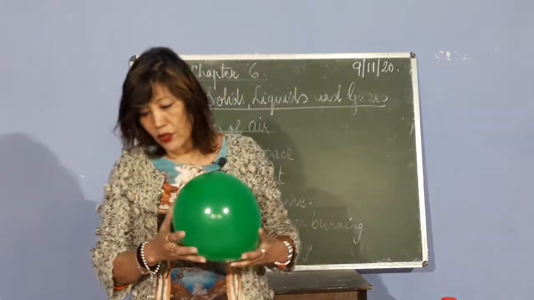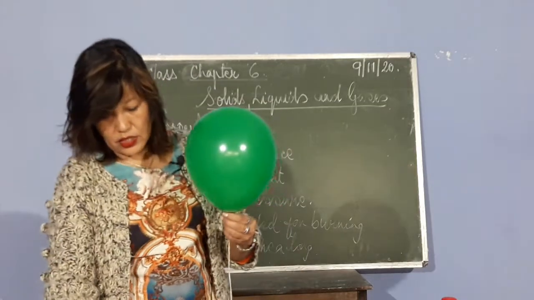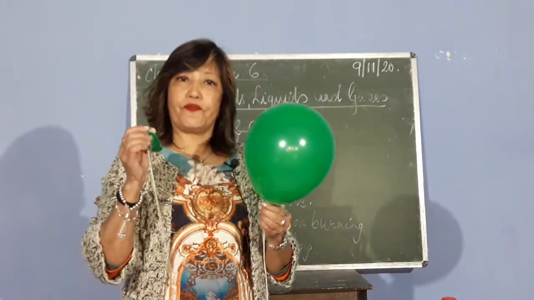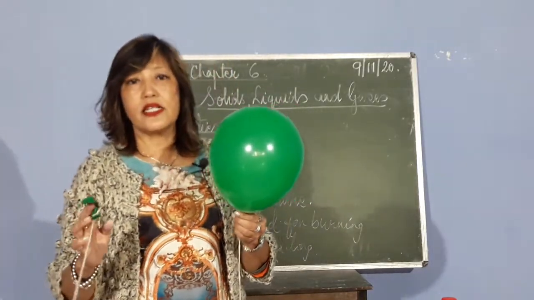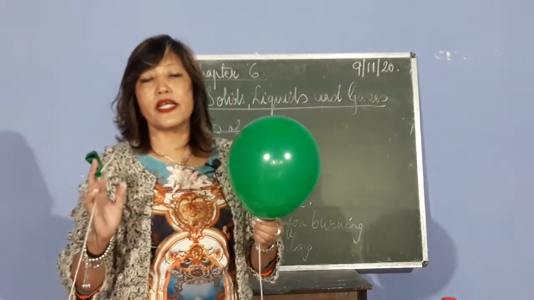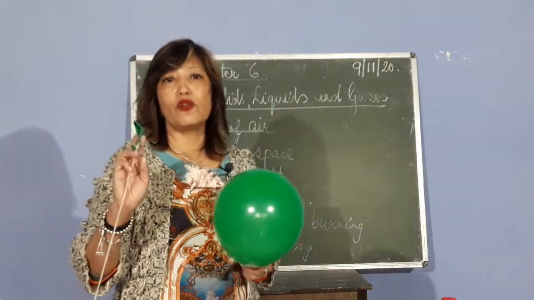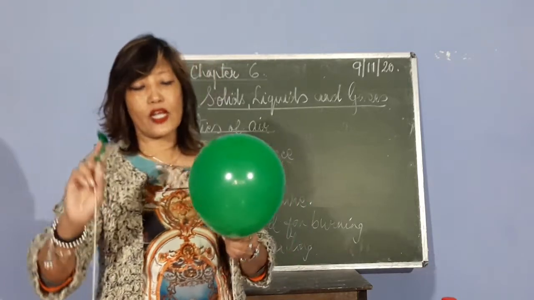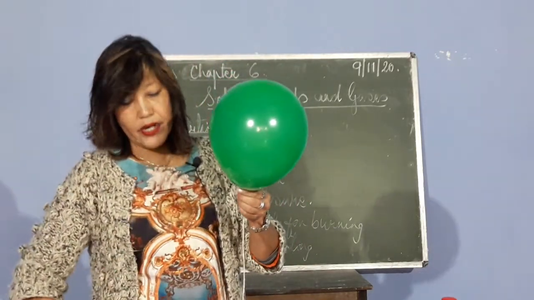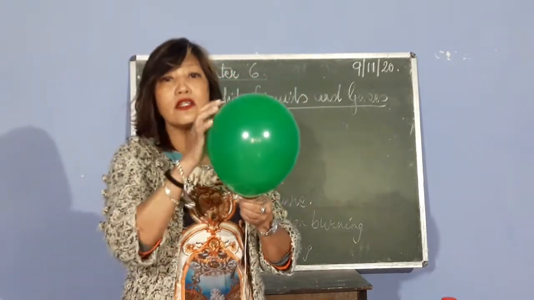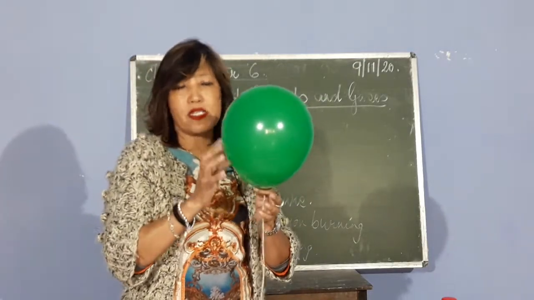There are 2 balloons here. One is inflated and the other one is deflated. Deflated means the balloon without air, and the inflated one is where the air is filled and occupies the space inside the balloon.